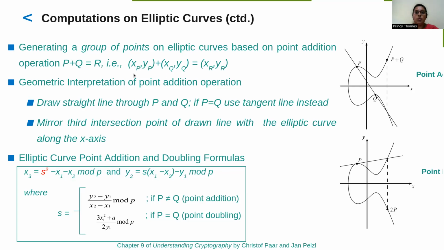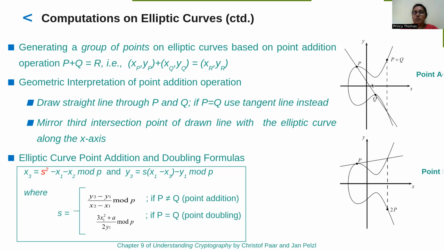There are 2 points. Over here we have XP comma YP, which is the P point, and XQ comma YQ, which is the Q point. When these two are added, it will be equal to R, which is denoted as XR comma YR. But how do we get this particular point? Equations are there. Geometrically, this is how we do it.